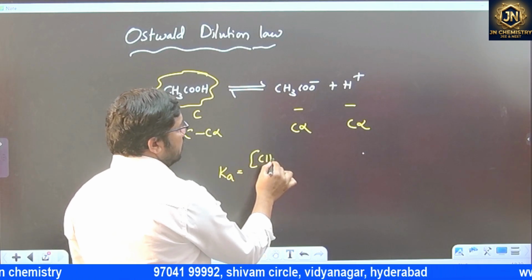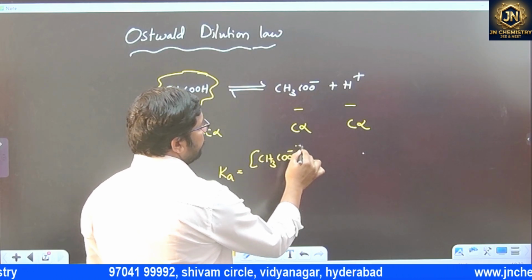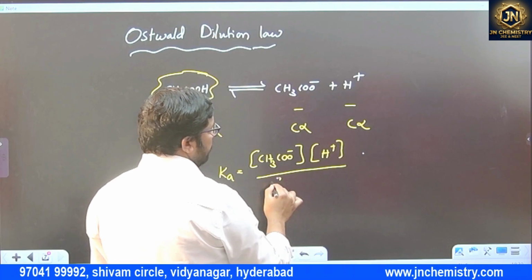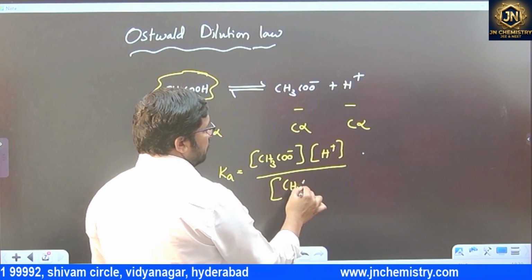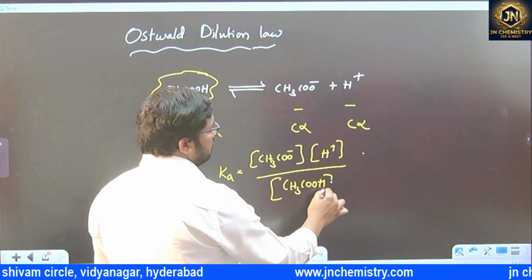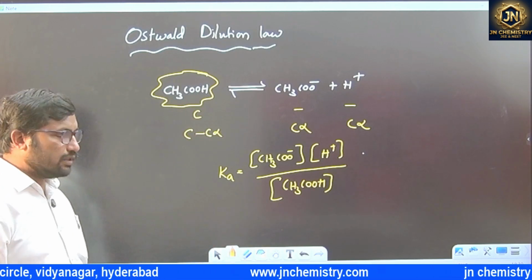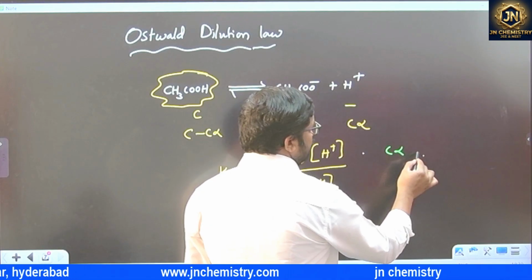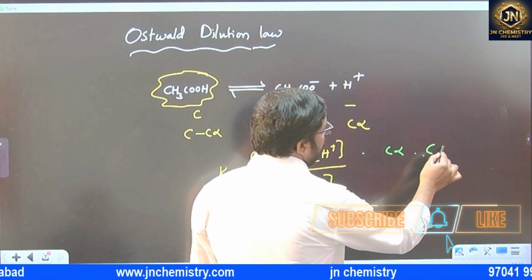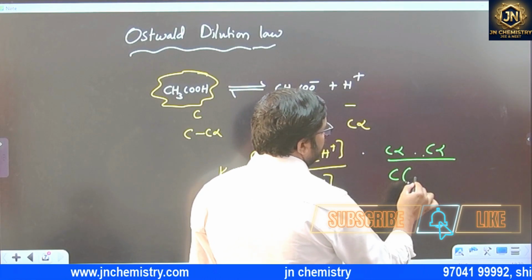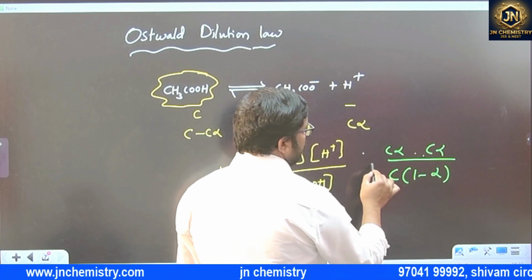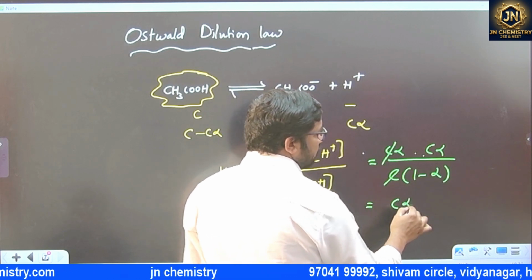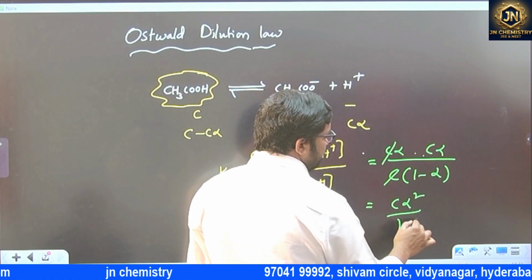The concentration of CH3COO minus times H plus ion concentration by CH3COOH. Applying this at equilibrium, C alpha into C alpha by C into 1 minus alpha. C gets cancelled: C alpha square by 1 minus alpha.